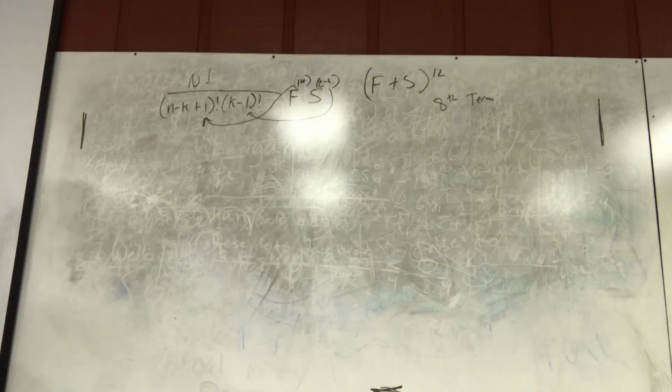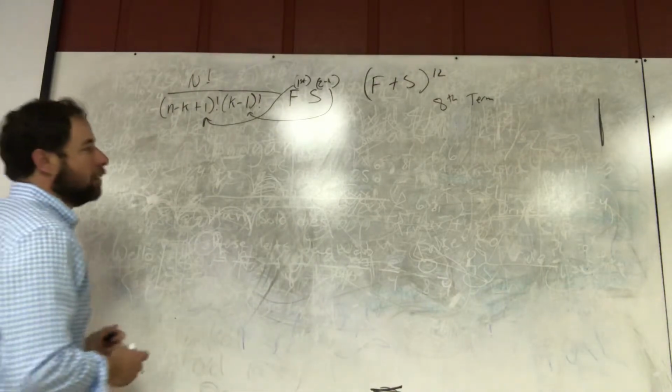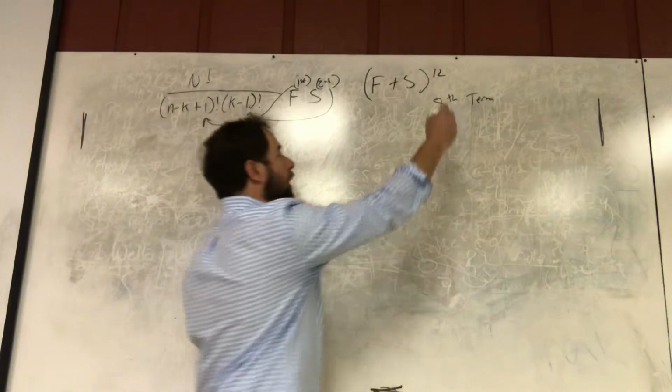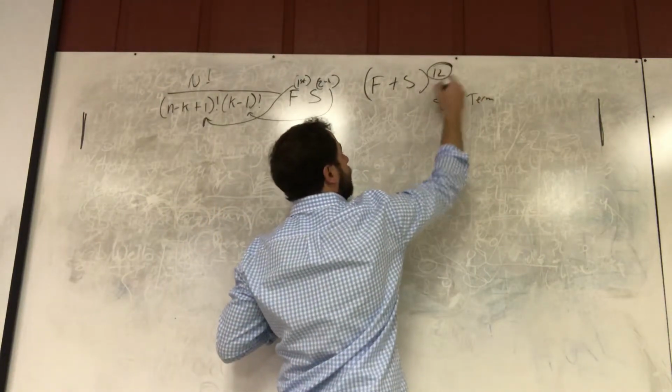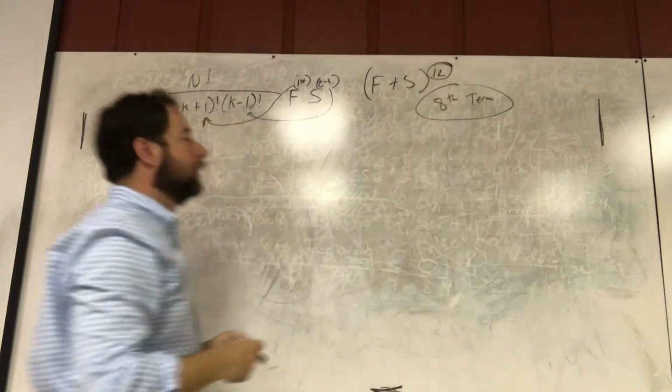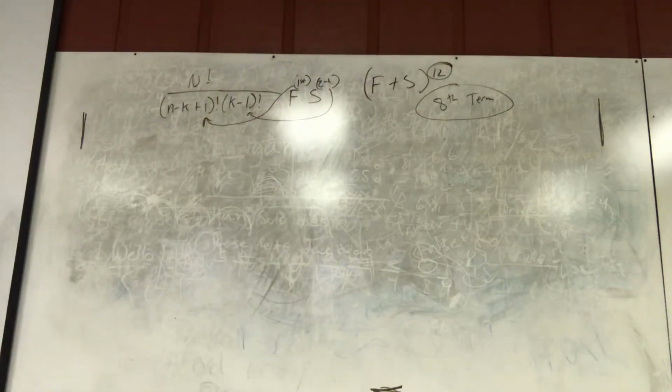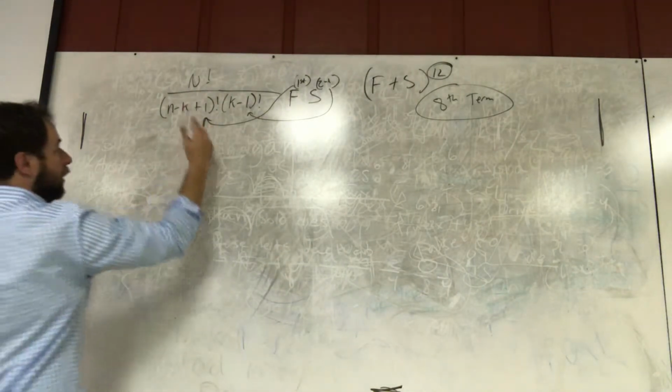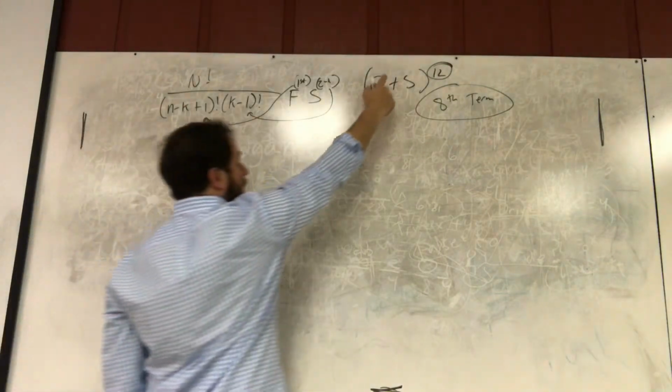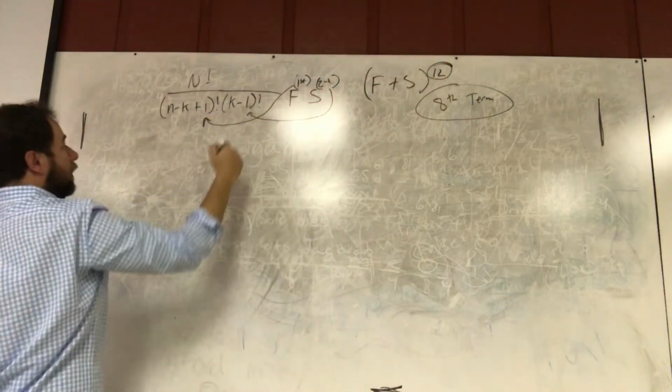Now when you look at this formula, to me it looks intimidating. But when you plug it in, it's not. So this 12 is going to be the n. And whatever term they want you to come up with is going to be the k. So they want you to come up with the 8th term in this one. So of f plus s to the 12.